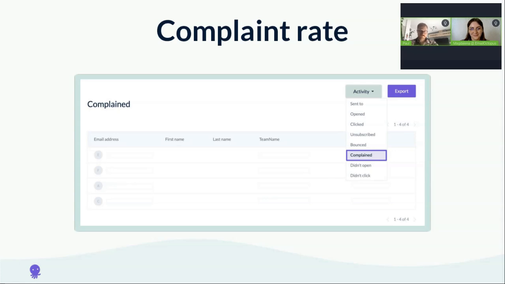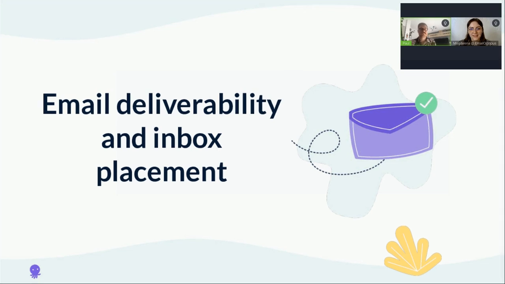Definitely. Although some complaints can happen, people can have a bad day and just click your email is spam because they don't feel good today. You should take action if your complaint rate goes above 0.1%. So if 1 in 1,000 contacts mark your emails as spam. Okay, yeah, that makes sense.